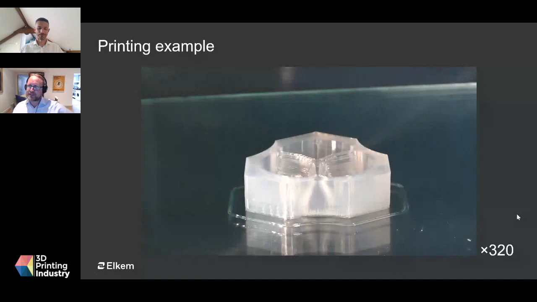So first off, is there an additive solution to achieve proper adhesion for silicone resins when curing on a high energy surface, such as polyimide films, so Kapton, for example? Can you repeat the question, please? Sure.